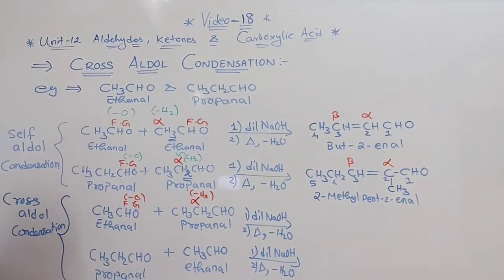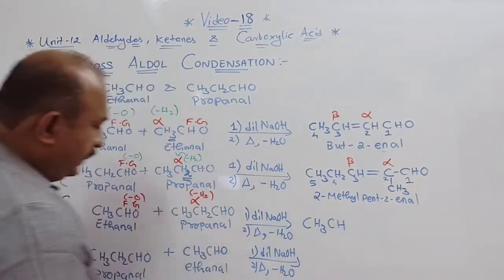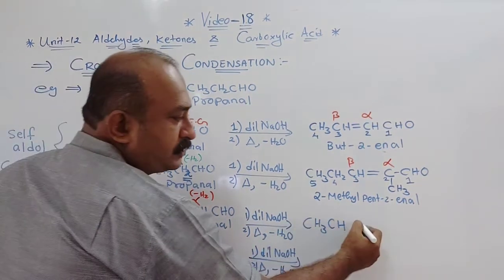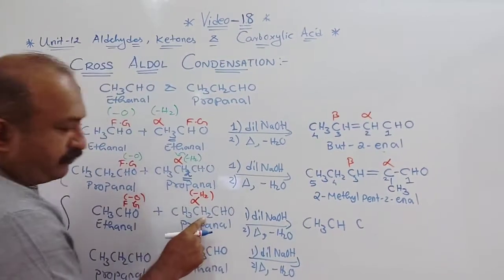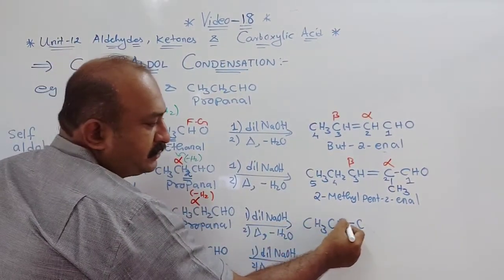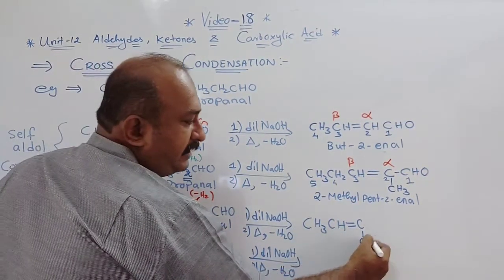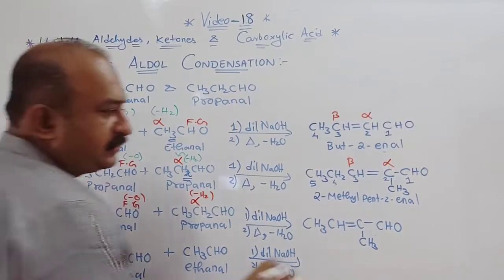Now you can write it in a very simple way. In this CH3CHO, oxygen is removed, so you get CH3CH. Then from this alpha, only hydrogen will connect. From this CH2, H2 is removed, so C remains, with a double bond. On this C, there is CH3, so I will write CH3 here and CHO here.